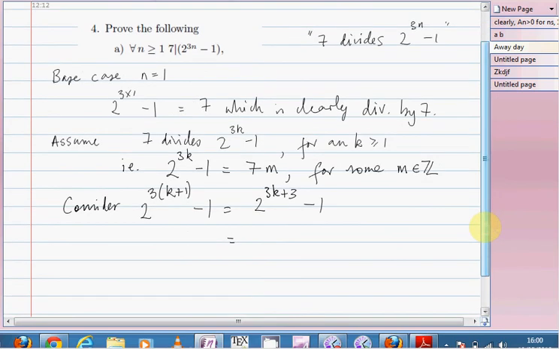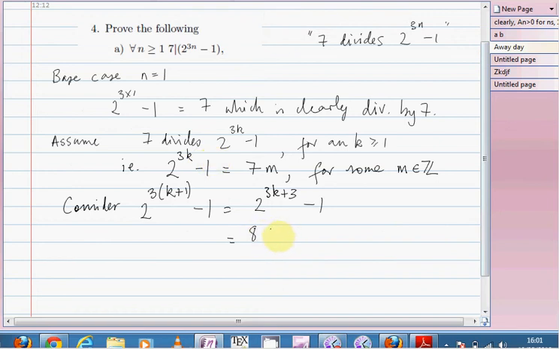You've got to this middle stage, and you need to somehow make use of the assumption that you've made and prove the statement for the case n equals k plus 1. So the assumption I've made is that 2 to the power of 3k minus 1 is equal to 7 times m. I'm talking about divisibility, so that has to do with factorizations. So I somehow want to factorize this expression I have here and introduce this factor, because this is the thing I've made the assumption about.